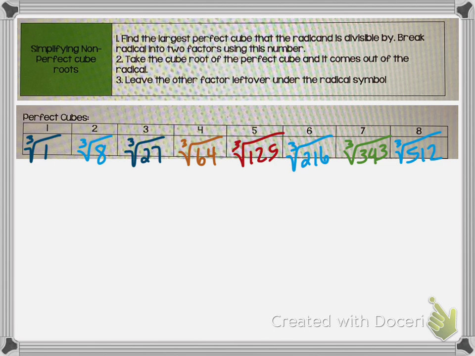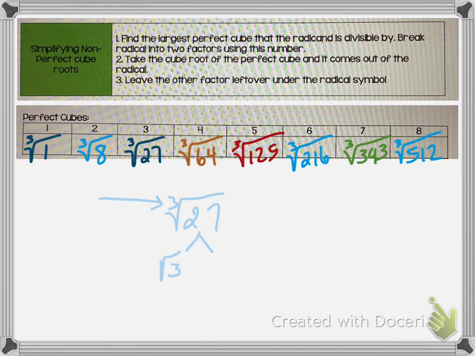And what this means is that if I've got a perfect cube, like the cube root of 8, that's a perfect cube, which comes out as a 2. Cube root of 27, that's a perfect cube, which comes out as a 3. What that means is if I use the cube root of 27, and this is a cubed root because it shows that 3 is the index, it's called a cube. If I do the 27, look what happens.